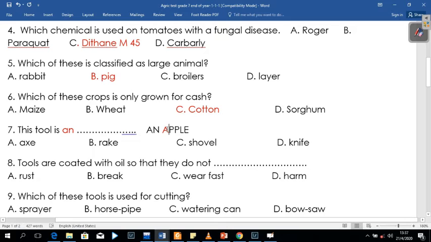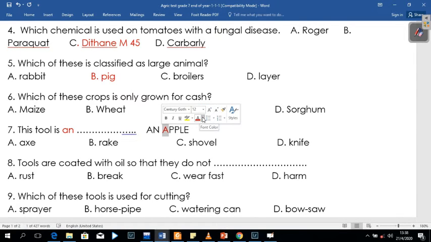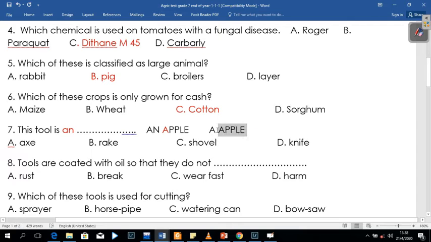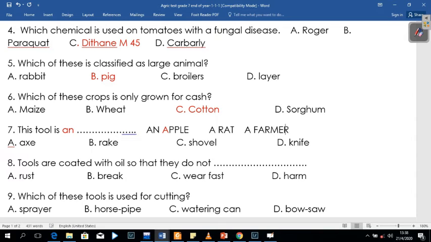So after N, the word to follow must start with a vowel. N apple, unlike A, right? If we say A, we can't say A apple. This is wrong. You can't say A apple, but we can say A what? Maybe a red, right? Okay, since we are doing agriculture, you can say a farmer, right?